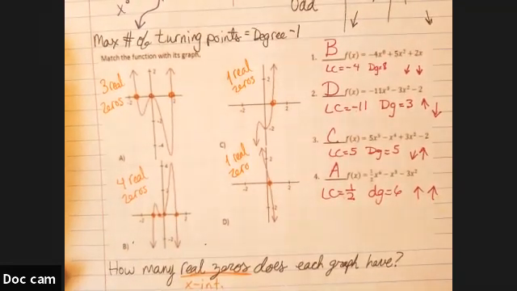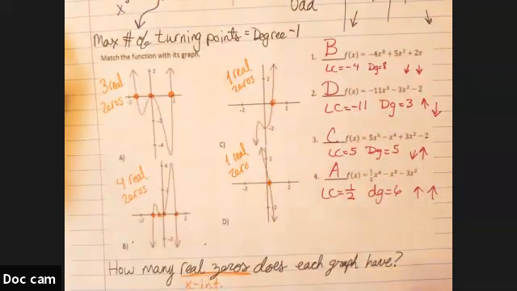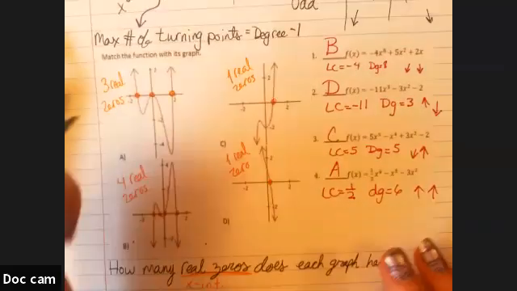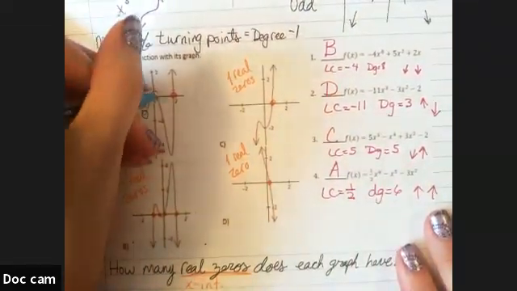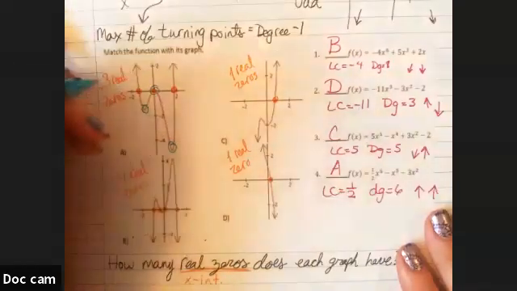Turning points are also known as a relative maximum or a relative minimum. For example, graph A has 1, 2, 3 turning points. So that means the minimum degree of that is 4.